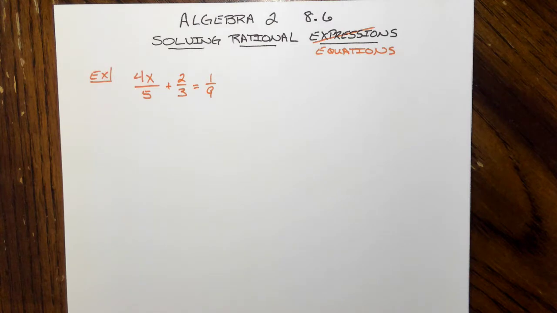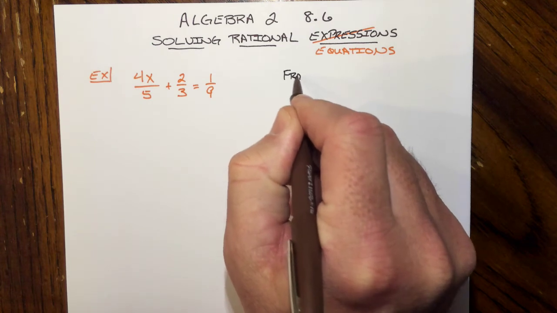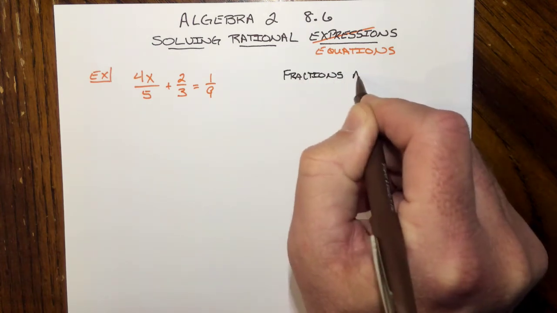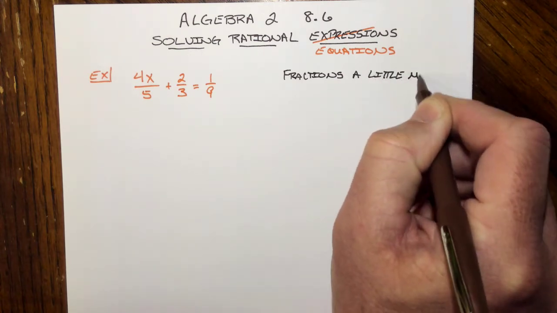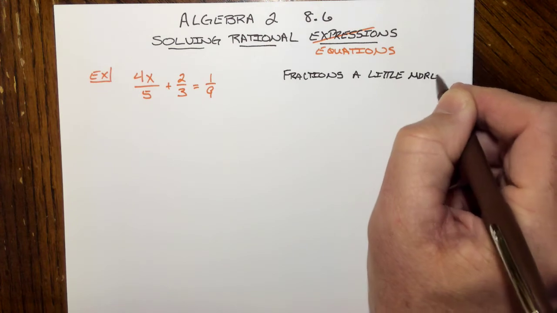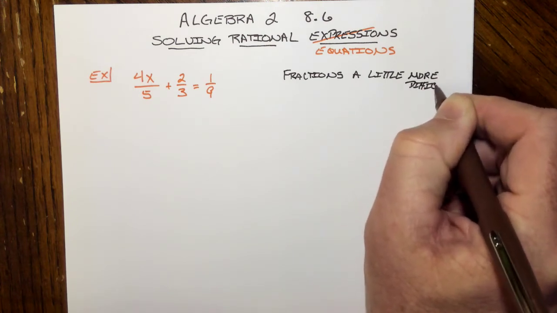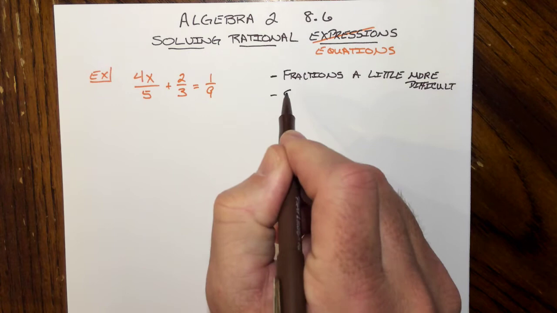Equations that have fractions in them are more difficult than equations with no fractions. So when we have fractions, it's a little more difficult, so get rid of the fractions.